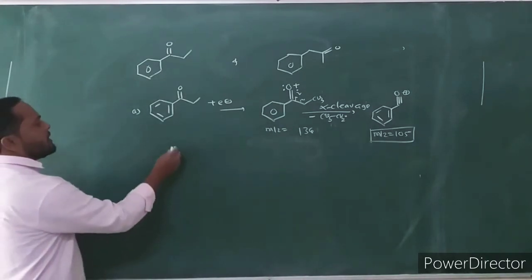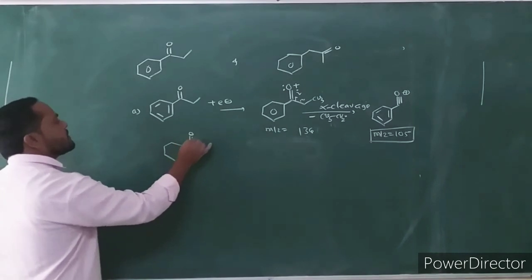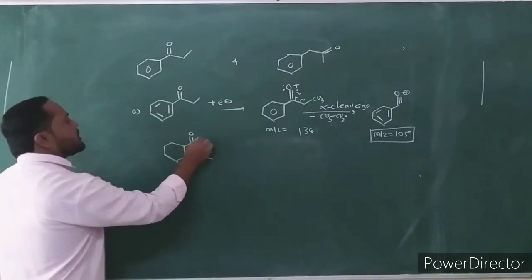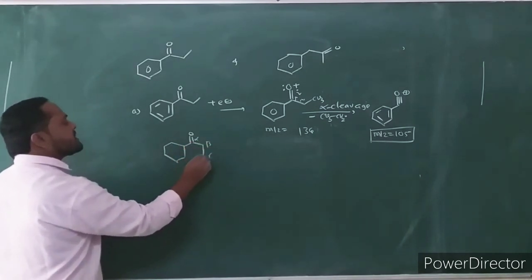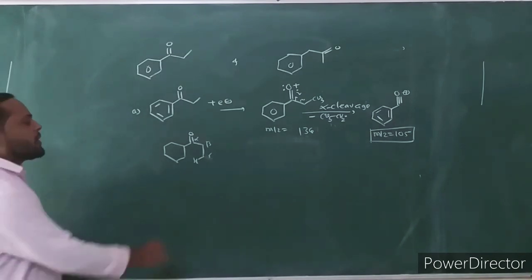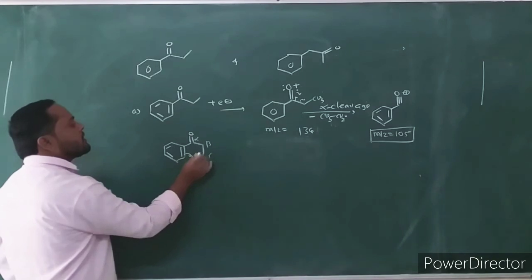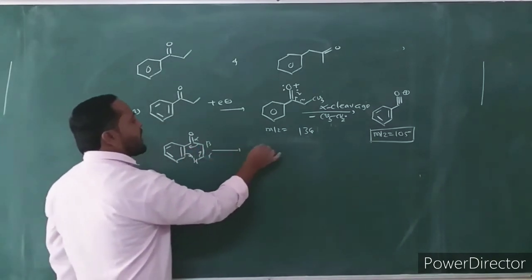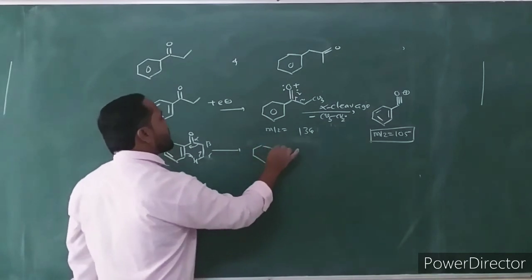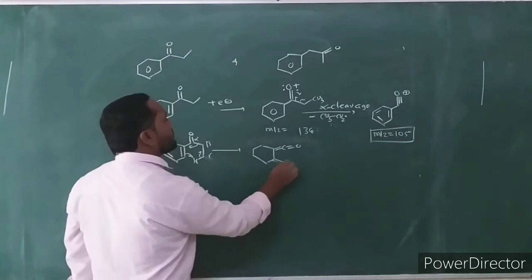Another mode of fragmentation in this compound: consider alpha, beta, and this is the gamma hydrogens. The gamma carbon is present, so it has gamma hydrogen. Then it undergoes McLafferty rearrangement. Aromatic compounds also undergo McLafferty.